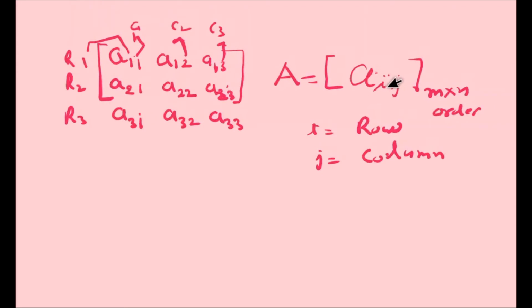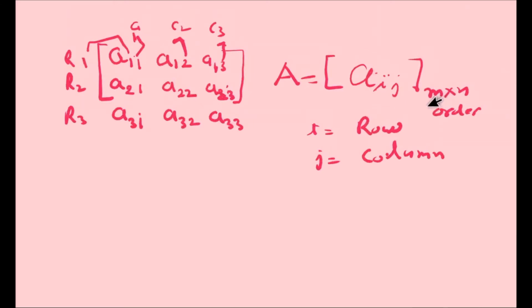Okay, student, are you understanding this topic? This bracket is the symbol of a matrix. i refers to row, j refers to column, m into n tells the order, and the product of this tells how many entries are here.